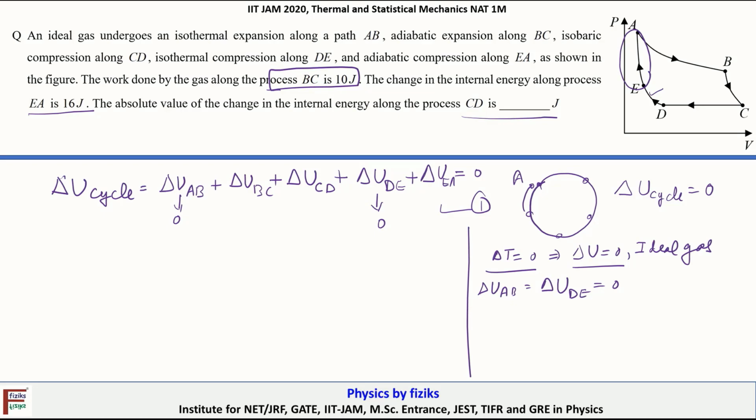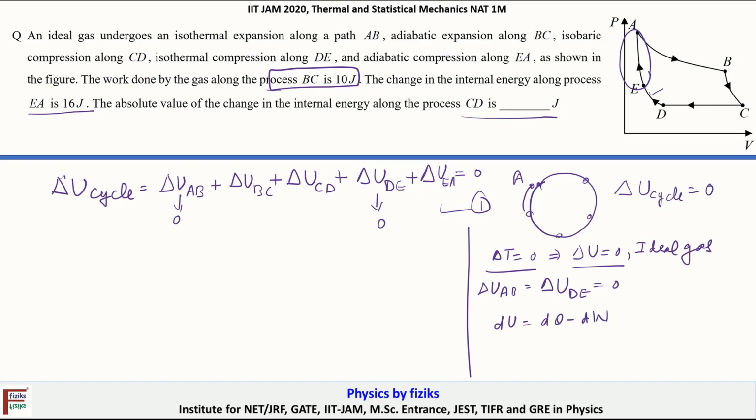Now let's try to understand what happens when we are performing process BC. It's given that the work done by the gas along the process BC is 10 joule. We will write the statement of the first law of thermodynamics here. dU is equal to dQ minus dW.